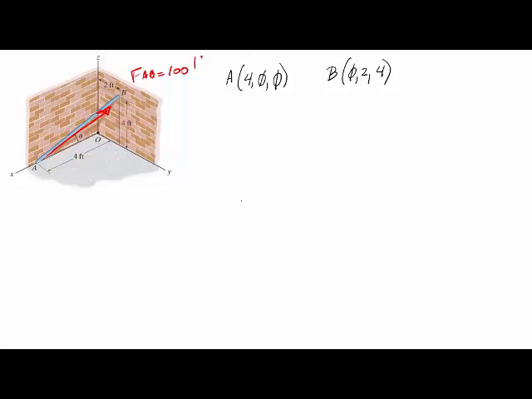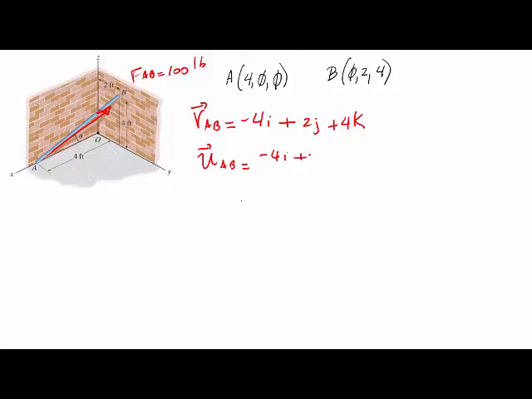Pounds. Okay, so I have my position vector, which was minus 4I plus 2J plus 4K. Now I need to do what? The unit vector in that same direction, and that would be what?